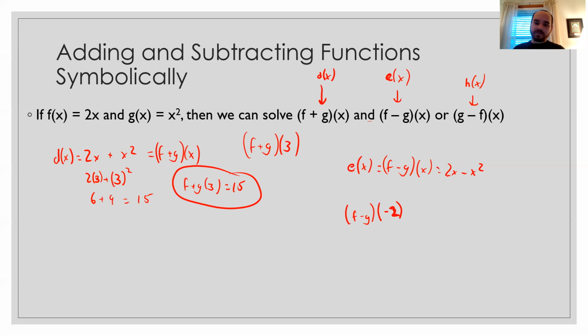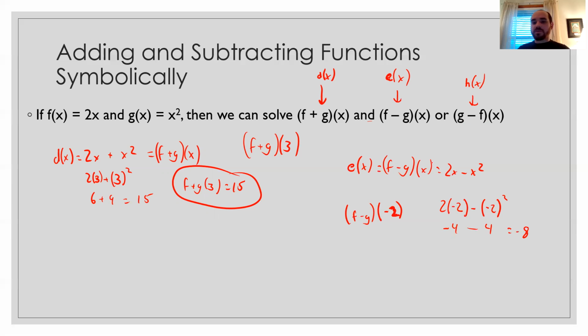So we plug in -2 into this function here. We'd have 2 times -2 minus -2 squared. 2 times -2 is -4. Minus -2 squared is 4. So we'd have -4 minus 4. That equals negative 8. So f of x minus g of x is equal to -8 when x is -2.